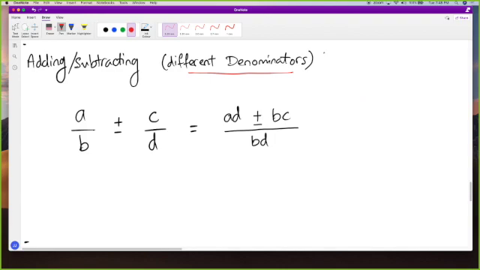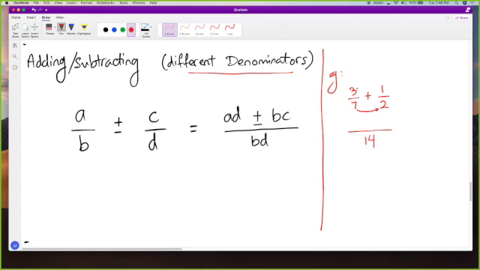And for example here, I'll just put the example on the side. If I have, say, 3 over 7 plus 1 over 2, and I want to add these fractions, what can I do? Well, the first thing is multiply your denominators. 7 2s are 14.